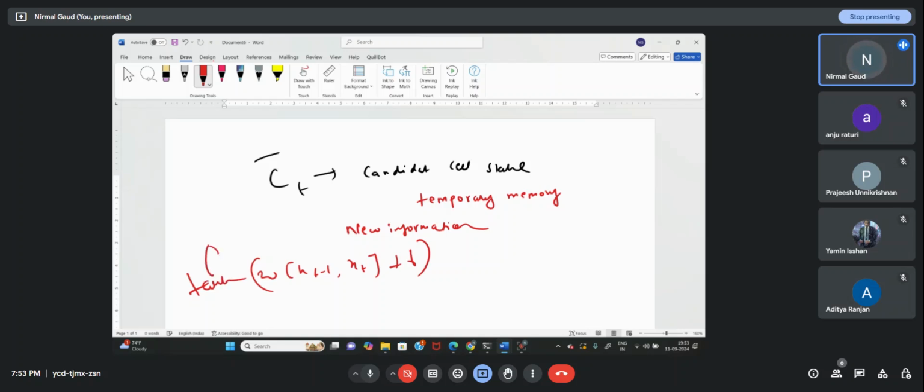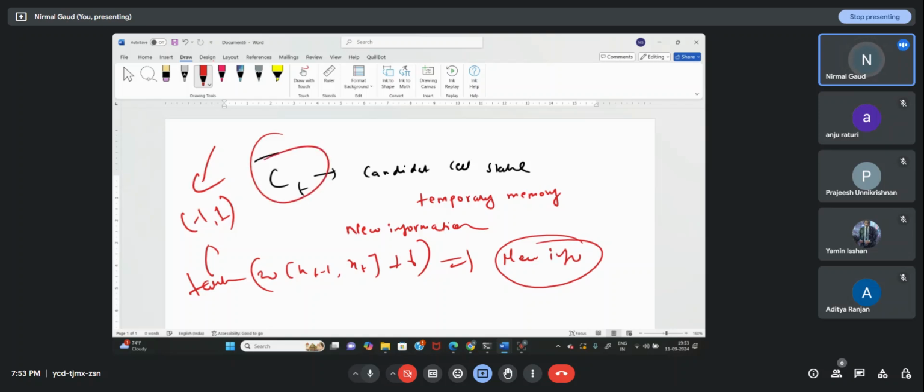Hyperbolic tangent, you very well know, normalizes the value between minus 1 and plus 1. So here it is new information. It is not sigmoid. Sigmoid is a classification. So I have potential new information that can be added to the cell state.